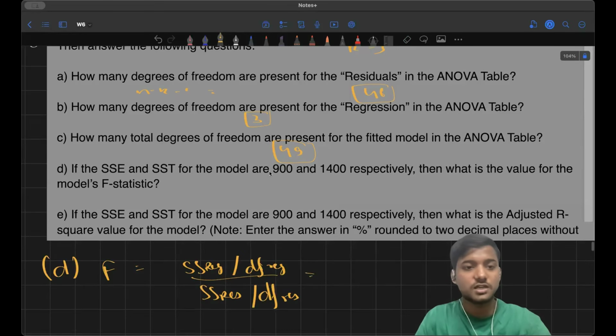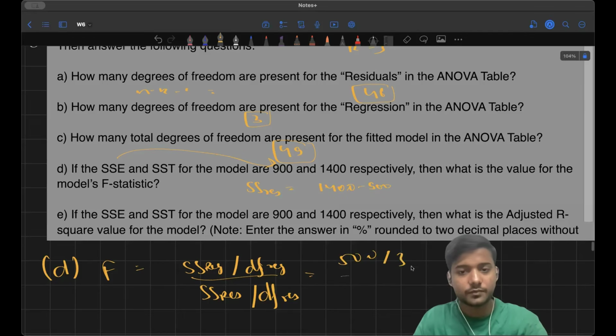Sum square regression, they have not given it. 900 is SSE, which is your sum square error. So we will have sum square regression equal to 1400 minus 900. So this would become 500 divided by regression had 3 degrees of freedom. Similarly, this becomes sum square residual, which is 900 by residual was 46.